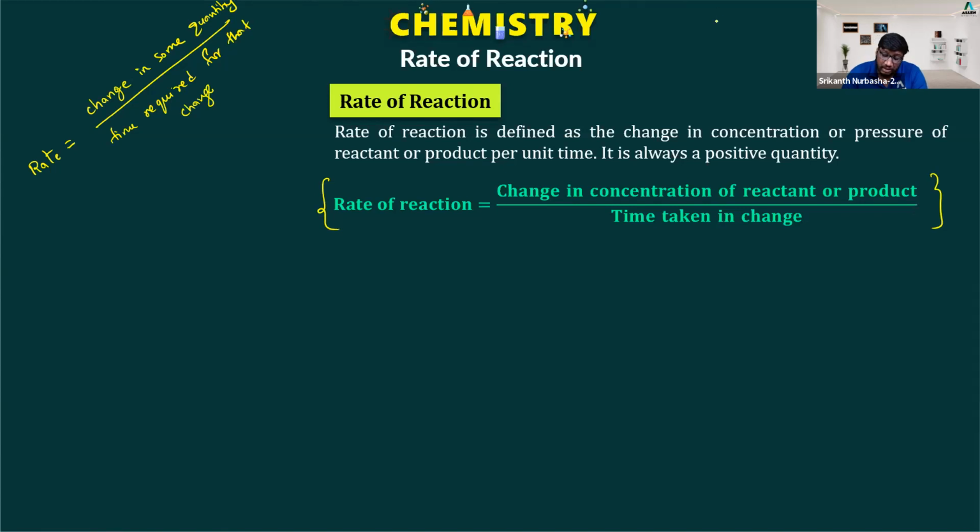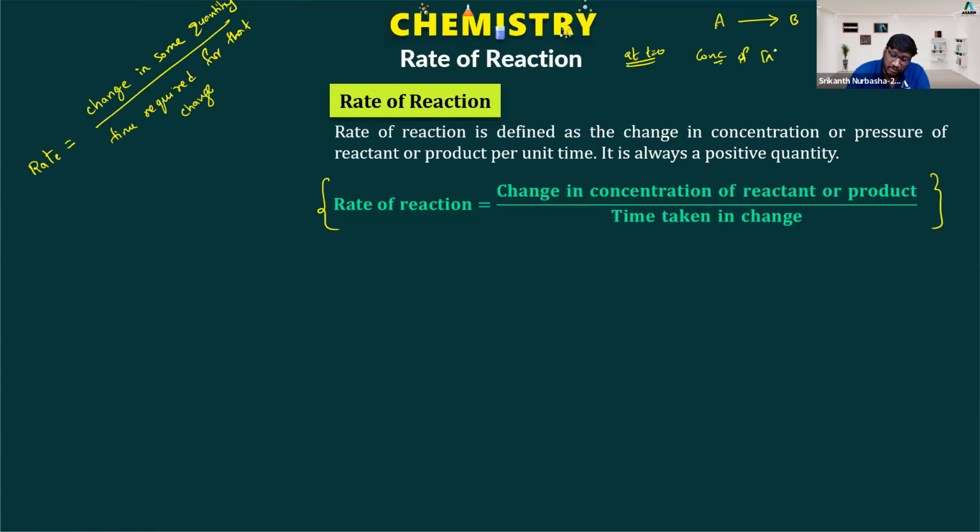Let us take a reaction like A converting into B. A is the reactant, B is the product. At time t equal to 0, reactants are going to be converting into products, meaning reactants have a tendency to convert into products. At time t equal to 0, what was the concentration of reactants?